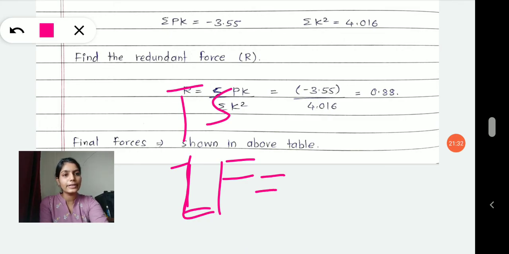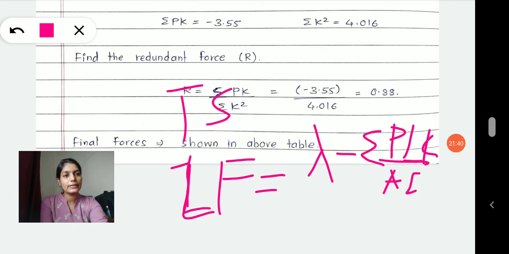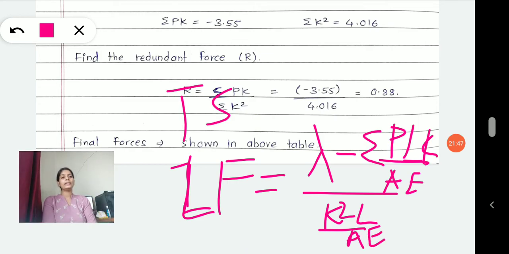For lack of fit you have lambda minus summation of PKL upon AE, divided by K square L upon AE. Right? So this way we have three different formulas. For thermal stresses you have a different formula, for lack of fit you have a different formula, and for purely redundant trusses you have a different formula to calculate the redundant in that system.